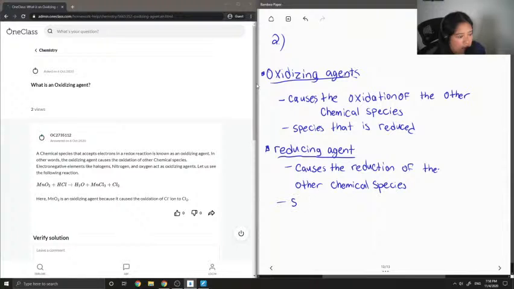As you can guess, this is the species that is oxidized.